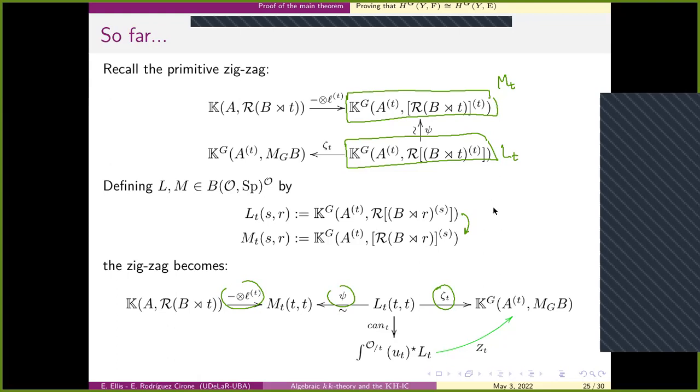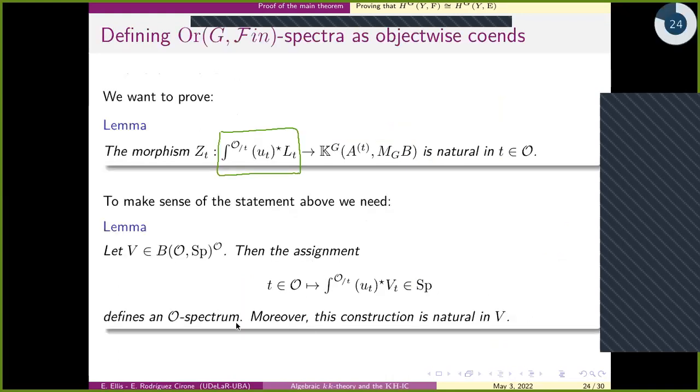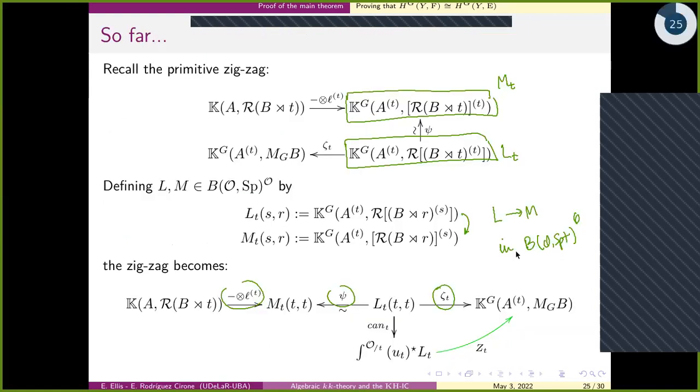And this gives us a morphism from L to M in the category of bispectra, bifunctors that depend covariantly on orgy-fine. So we could apply this lemma. The morphism psi is a morphism in this category. If we take object-wise coends, we would get a morphism here.